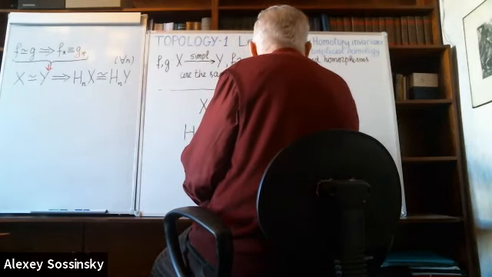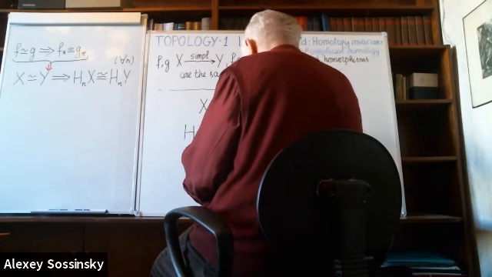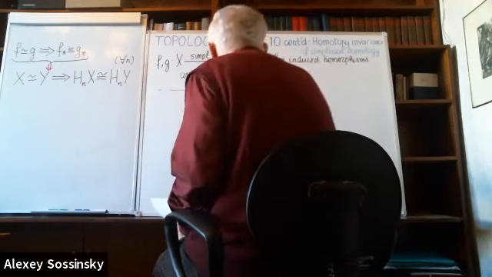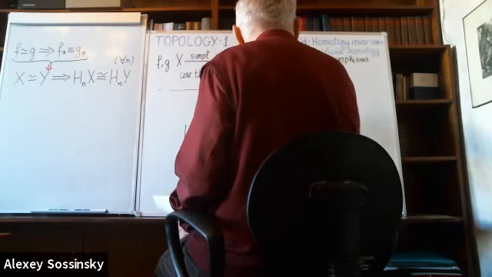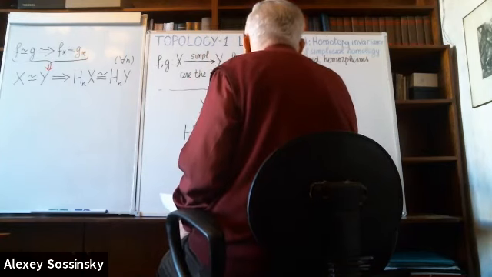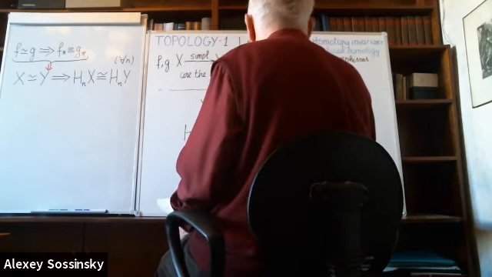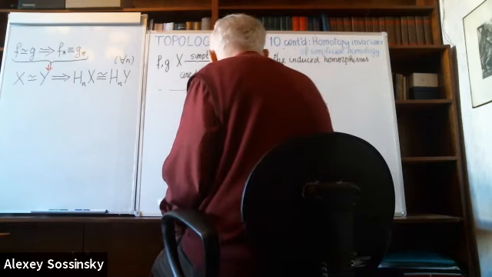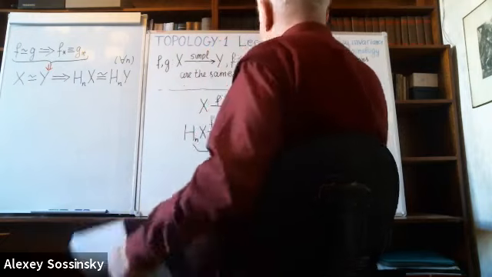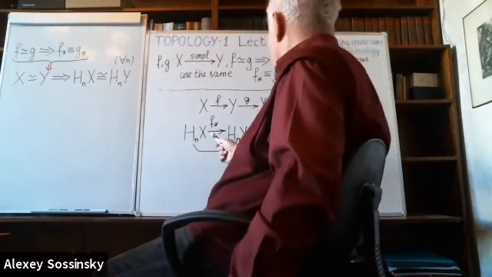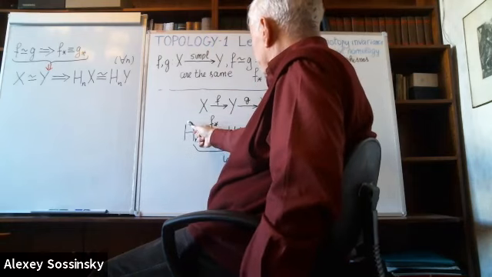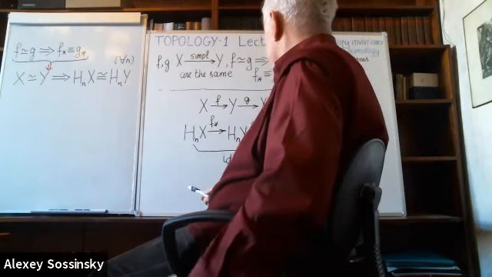We have Hn of X. And by functoriality, because of this composition is the identity of the group Hn of X.